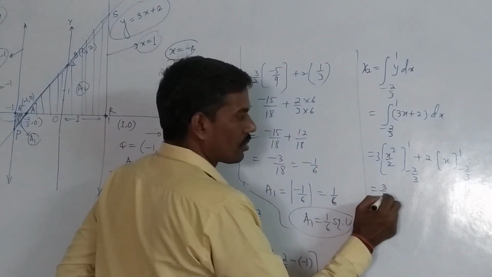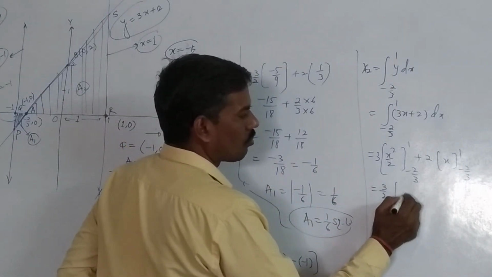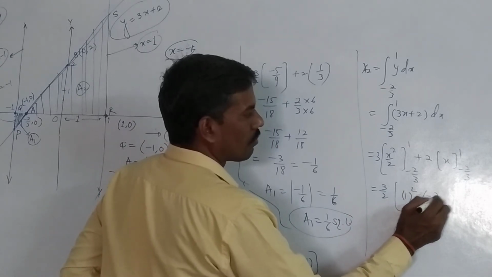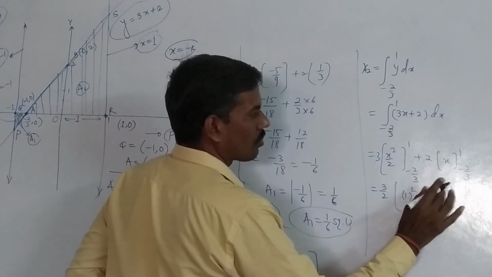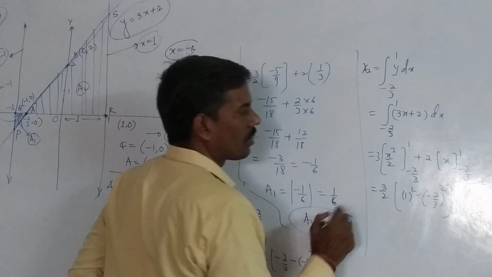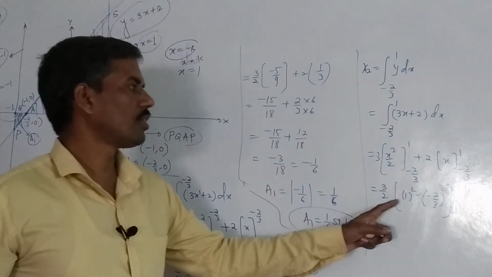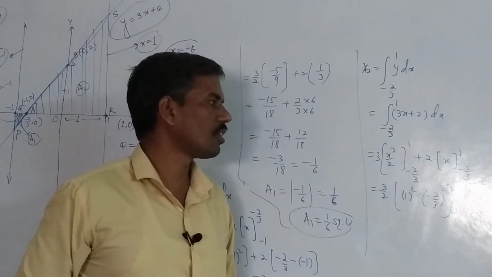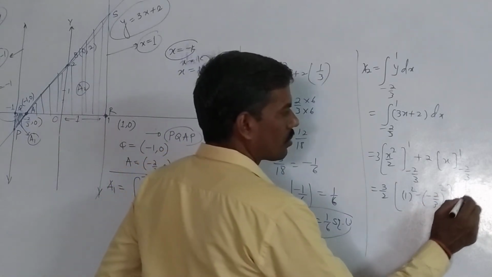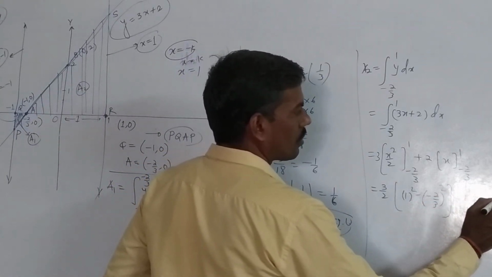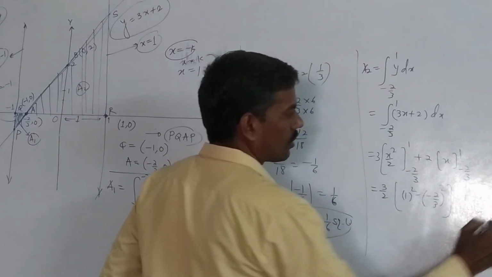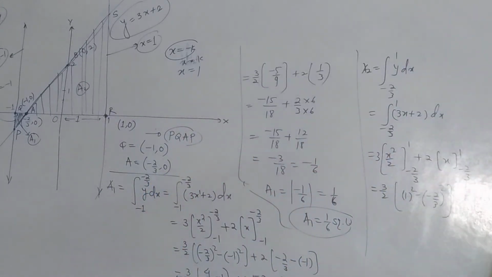After substituting the limits, we get 3/2 times (1 square minus (-2/3) squared) plus 2 times (1 minus (-2/3)).